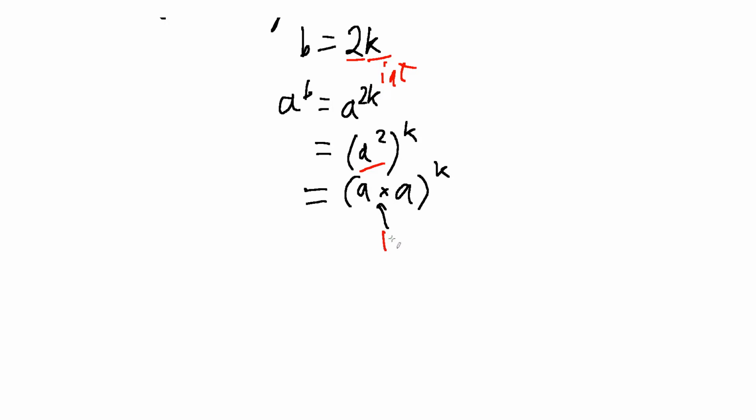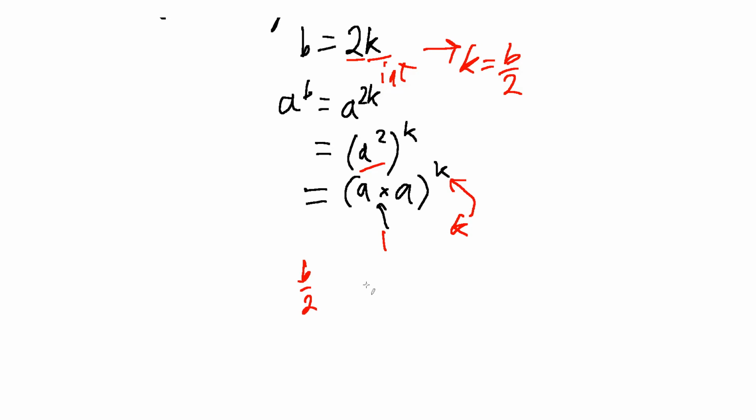And how many multiplications are we using here? We are doing this number to the power of k, exponentiating it by k. So we're repeating the multiplication k times. So this is k, and what is k? Since b is 2k, k is just b over 2. So the amount of multiplications we do in this algorithm is b over 2.